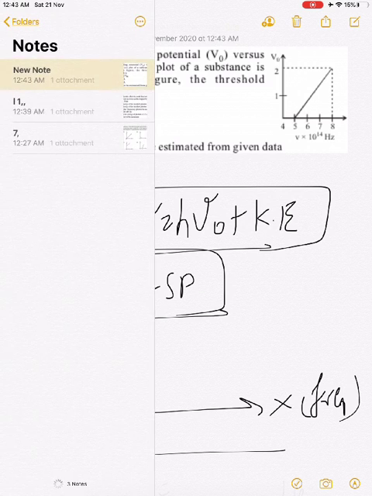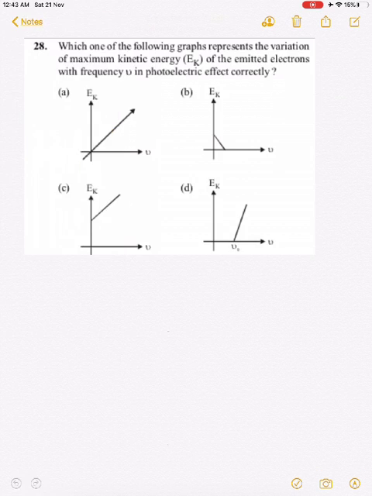Okay, now let's take another problem. Which one of the following graphs represents the variation of maximum kinetic energy Ek of the emitted electrons with frequency mu in the photoelectric effect correctly? Now check the solution.